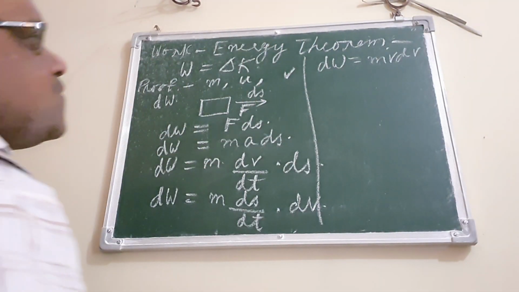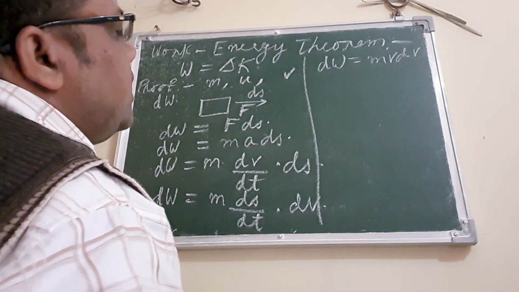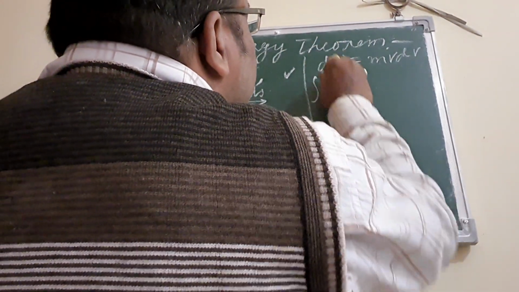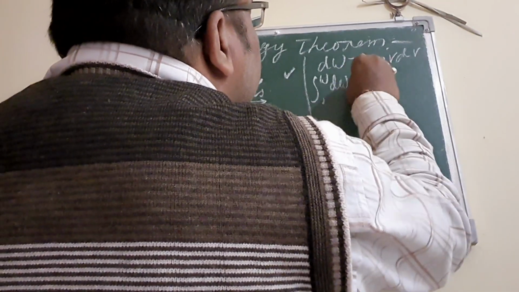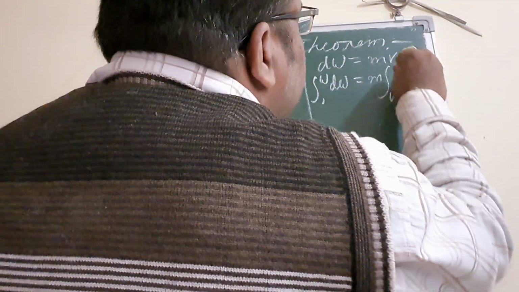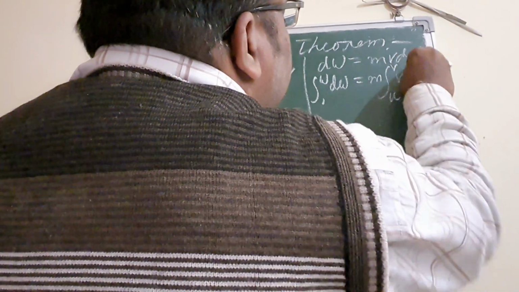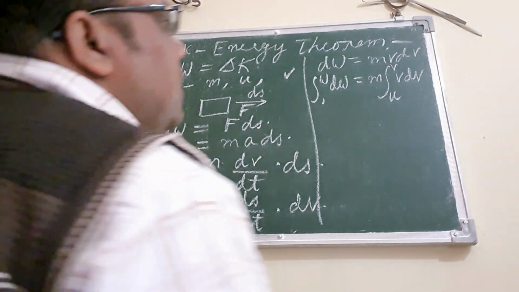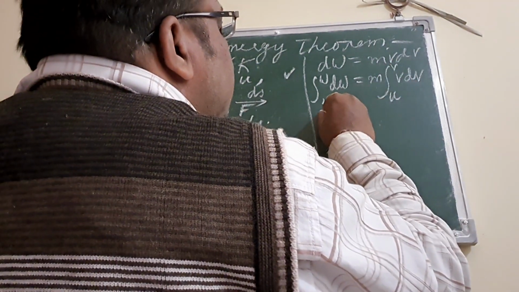Now we integrate this with the limits 0 to W. Dw is equal to m, which is constant, integrated from initial velocity u to final velocity v of v dv.